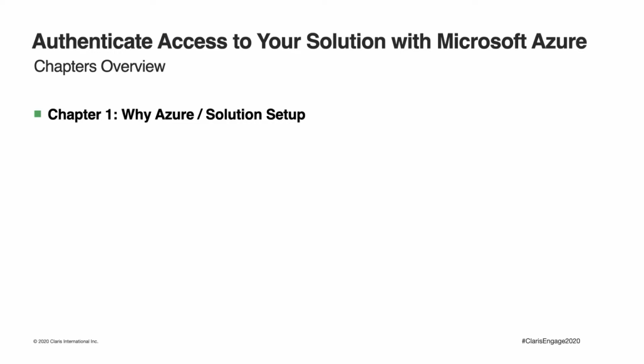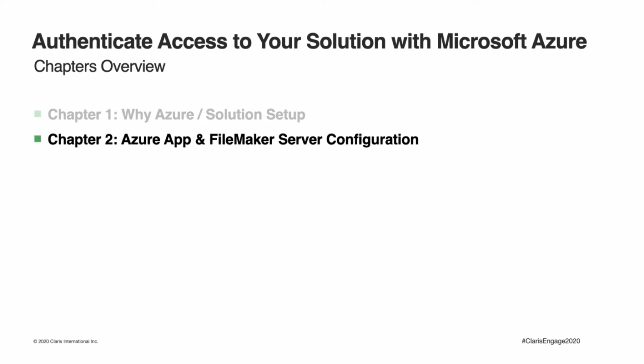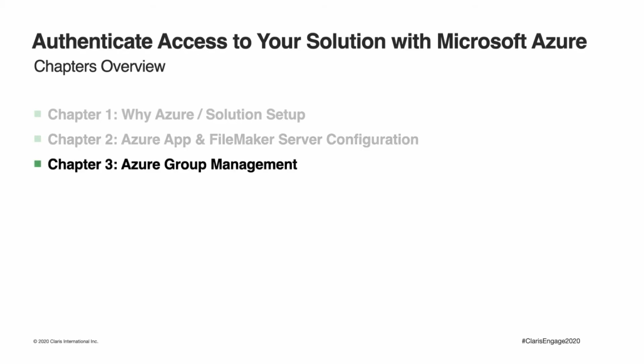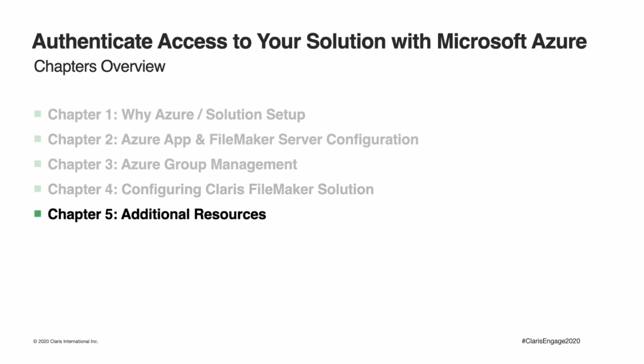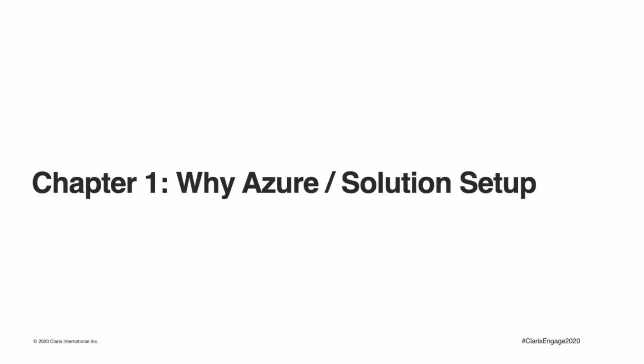In the ensuing 3 chapters, I'll cover registering your application in Azure AD, configuring FileMaker Server to enable external authentication via Azure AD, creating and managing Azure Groups, and configuring your Claris FileMaker solution's security to use the Azure AD groups that were set up. Finally, I'll review additional resources you can access for more details on the subject. So let's get started with the first chapter of our session.